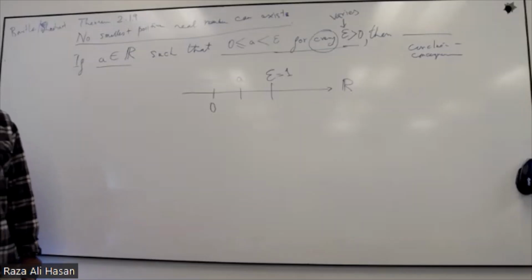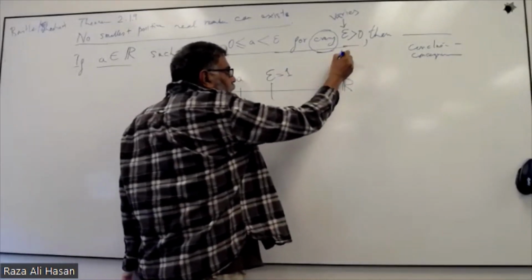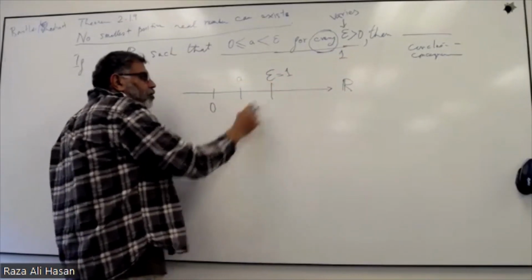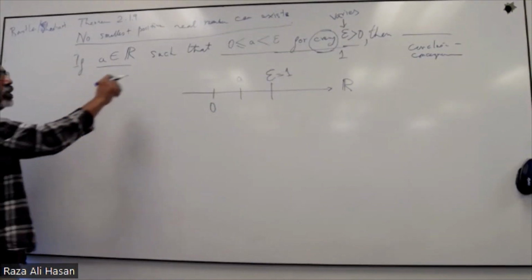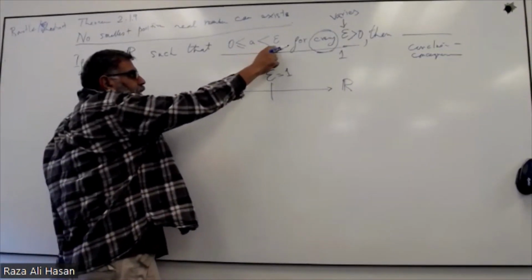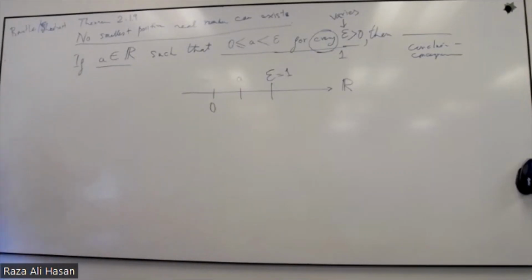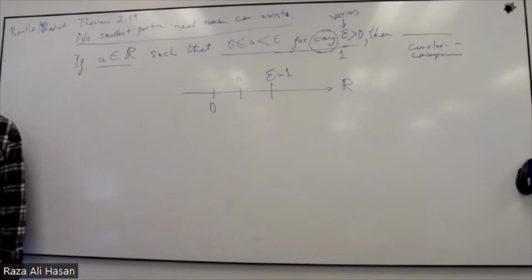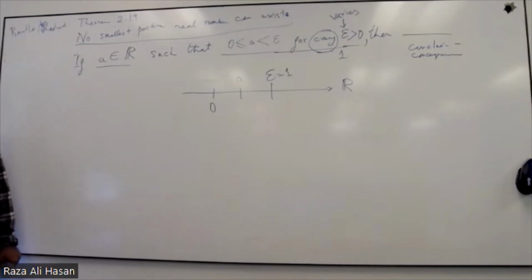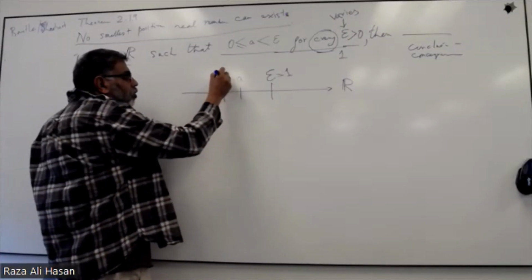Because it's for every epsilon, right now I'm saying epsilon is equal to 1, but this condition, where A is between epsilon and 0 or equal to 0, had better be satisfied for every conceivable epsilon we come up with. So Thomas says, let's make epsilon's value equal to 1/3.